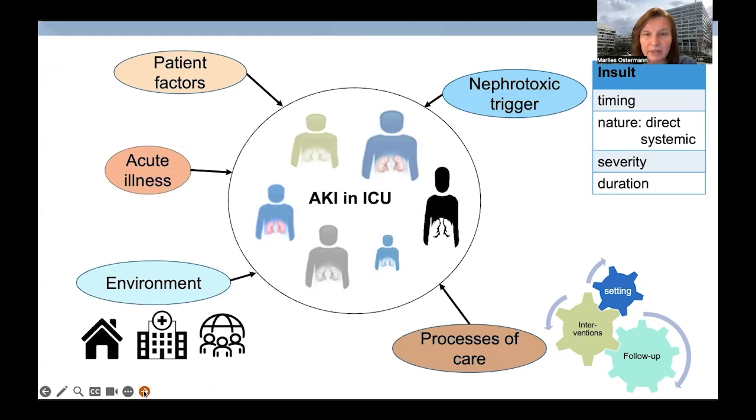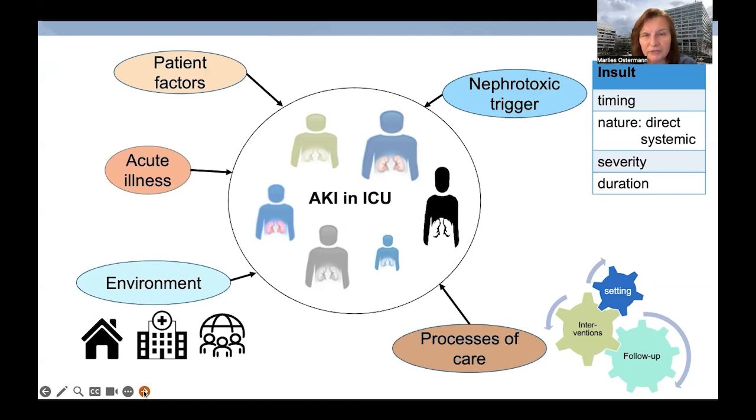Furthermore, acute kidney injury is a syndrome. It encompasses and describes hundreds of different forms of kidney disease. Even when patients have acute kidney injury from a similar etiology, they may have very different clinical phenotypes and different outcomes. And the phenotype depends on all these factors displayed here.